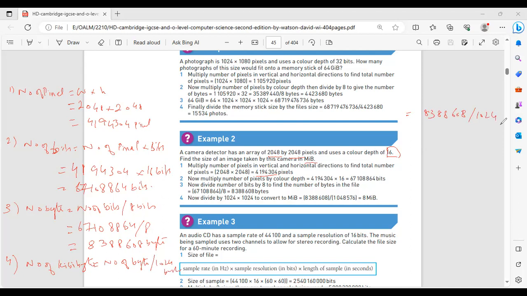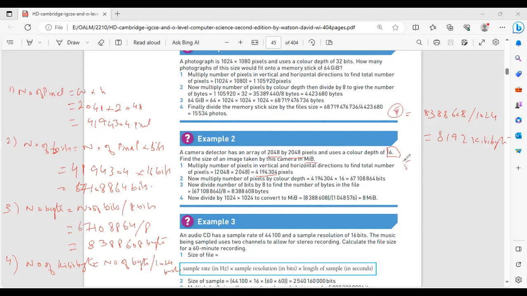They have basically cancelled division by 1000, but right now you have to practice on 1024. So 8388608 divided by 1024 gives you 8192 KB. Now this is the fourth step.